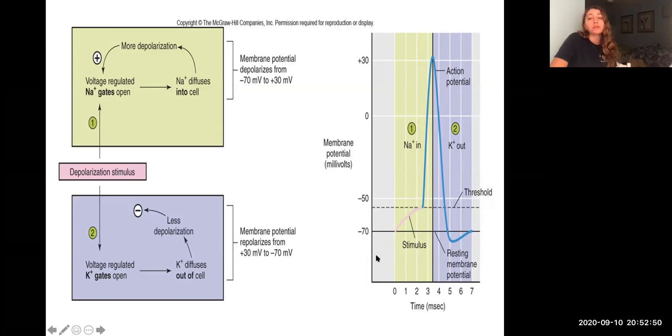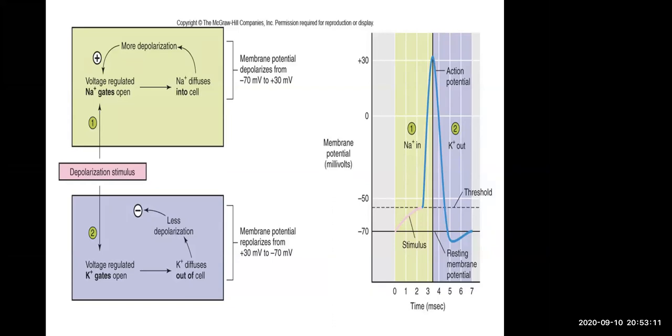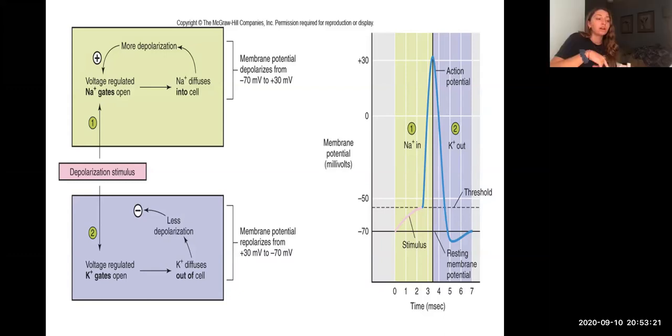The neurotransmitter binds to the receptor, stimulating the channels, and allows for depolarization of the cell.